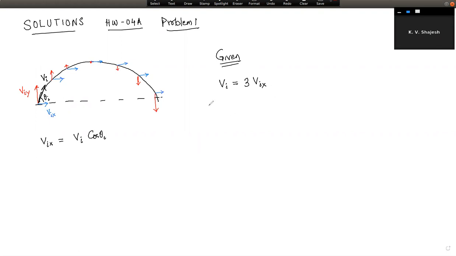With that information in, we can actually substitute this in here. So v initial x is equal to 3 times v initial x times cosine theta initial. The first line is a vector relation, and the second line uses this given feature that allows us to cancel v initial x, and we get 1 is equal to 3 times cosine theta initial.